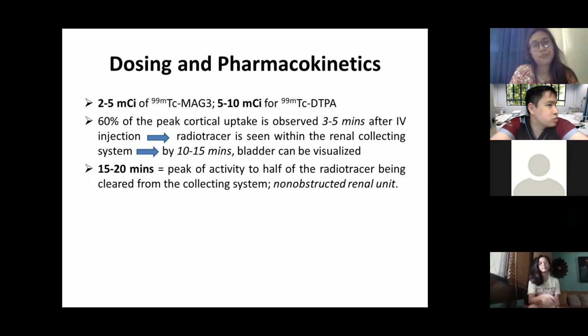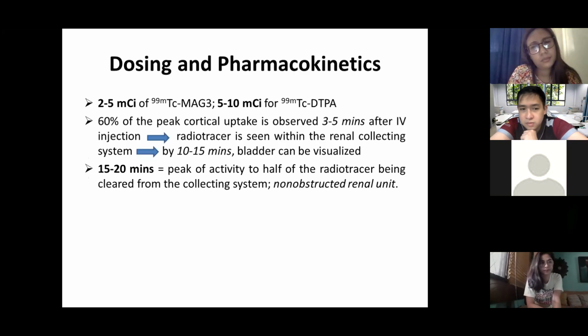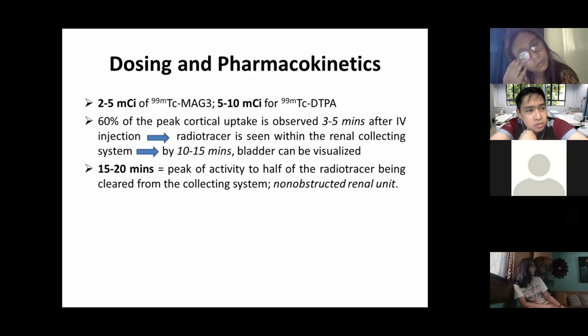Dosing and pharmacokinetics: 2 to 5 millicurie of Tc-MAG3 via IV push, and 5 to 10 millicurie for Tc-DTPA. 60% of the peak cortical uptake is observed 3 to 5 minutes after IV injection, and shortly thereafter, radiotracer is seen within the renal collecting system.